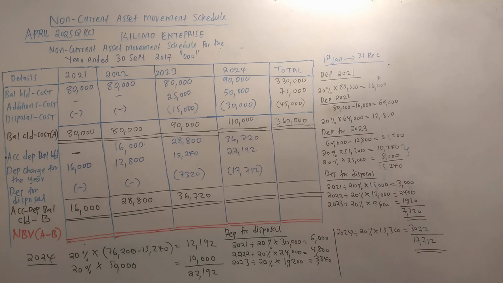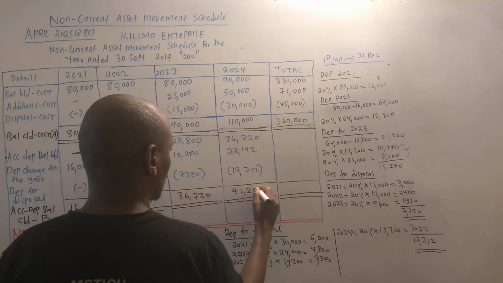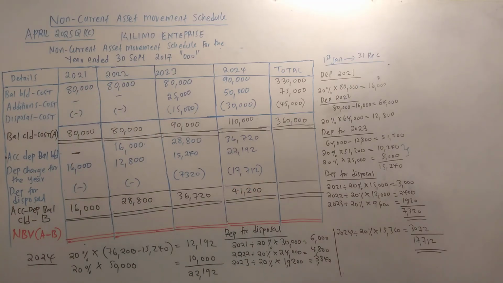That is 36,720 plus 22,192, then minus 17,712. So that one is 41,200. So we can get the net book value.